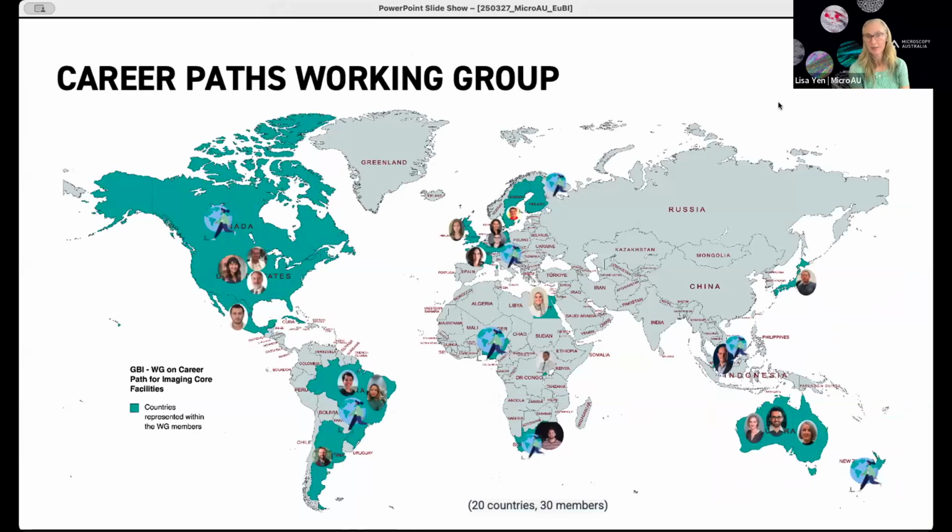When we were originally setting up the career paths working group, we had representatives from over 20 countries, where we were really trying to think about how to share that experience of different staff across the globe, and think, how are they experiencing their careers, and what is it that at a global level we could do to advocate for those futures. I'm certainly very thankful in particular for Graham Wright and Yara, who really led a lot of that. And of course, the baton has now been passed on to some new chairs for that group.